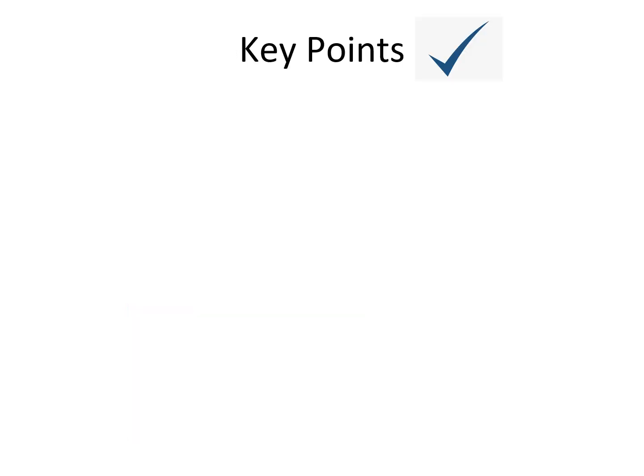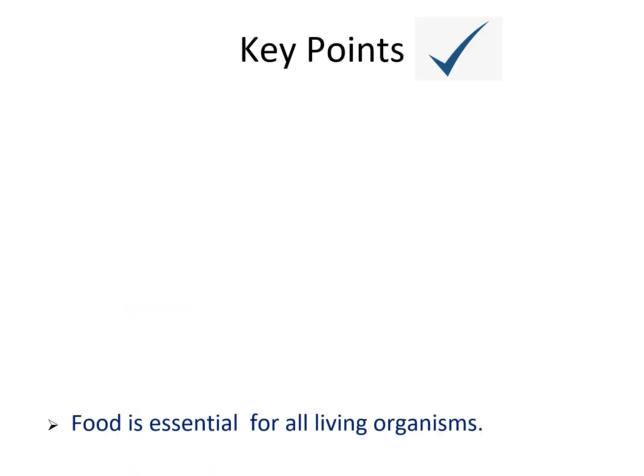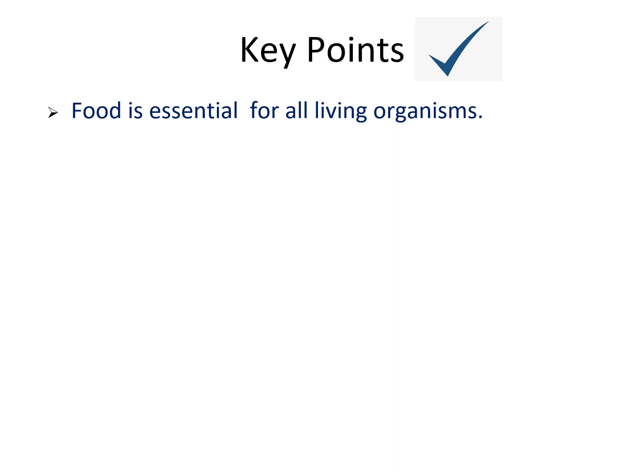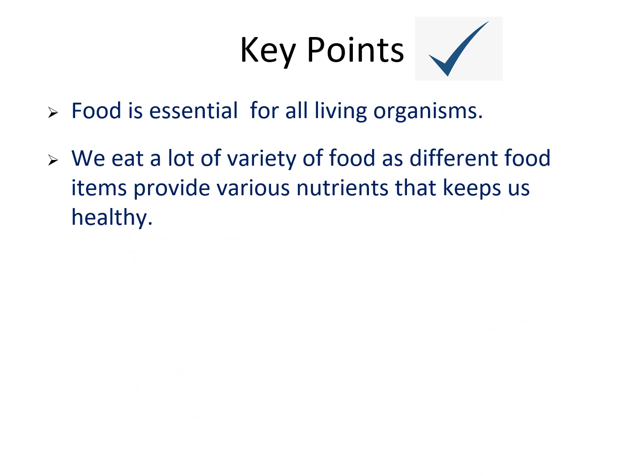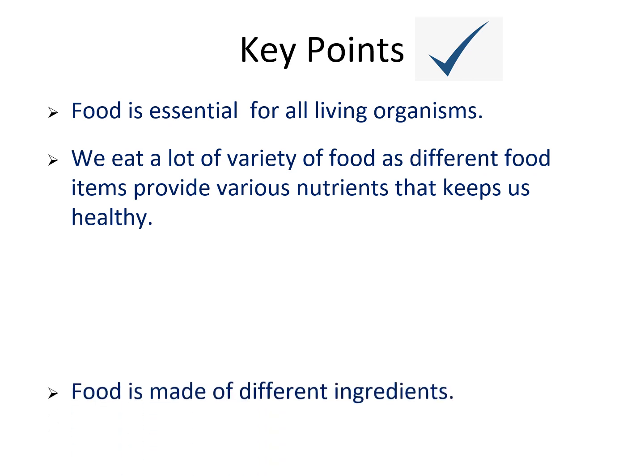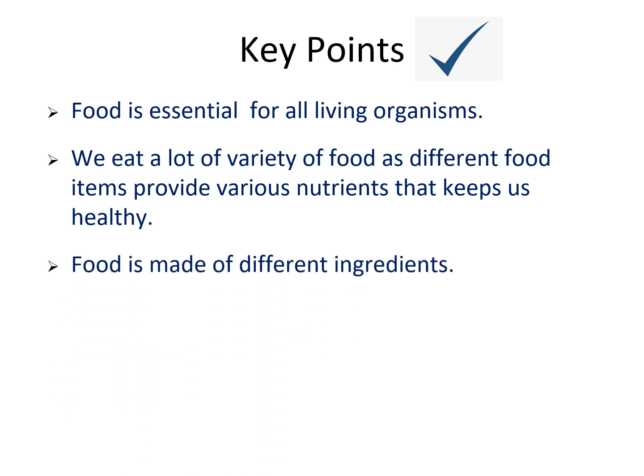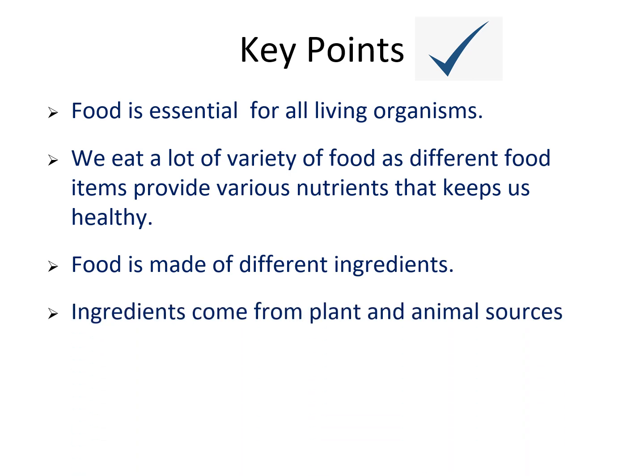Now the key points from this lecture are: first, we have learned that food is very essential to all living organisms. Second, we eat a large variety of food as different food items provide us nutrients that keep us healthy. Third, food is made up of different ingredients.